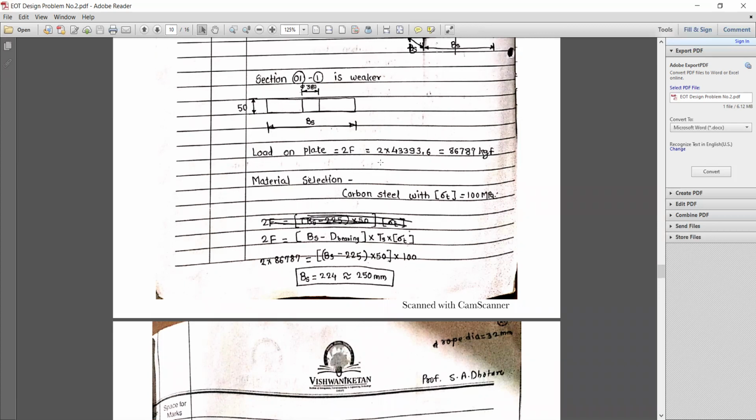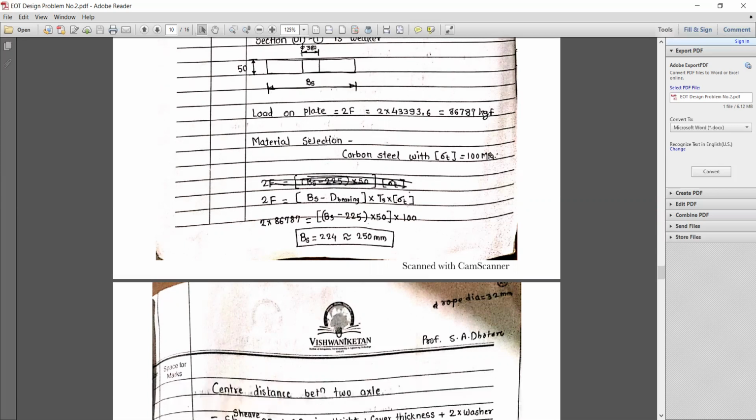So what could be the area? The total width minus the diameter of bearing, that is the proper area, into thickness of the shackle plates multiplied by sigma T. We know the thickness which we have considered is 50.